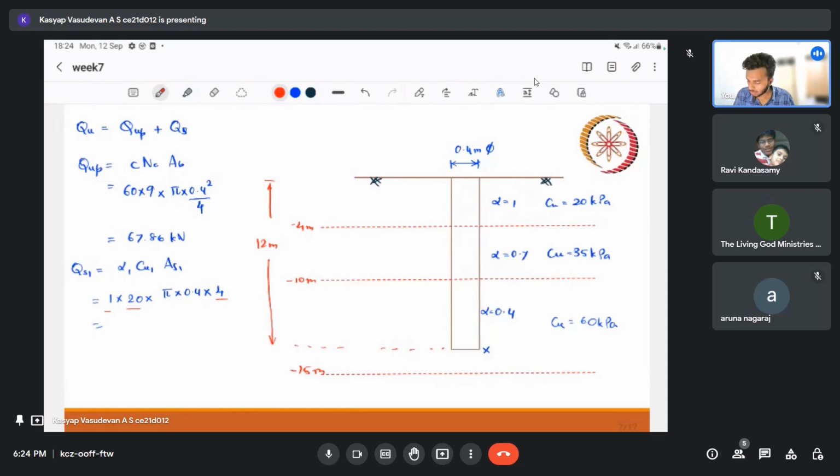So I can combine the whole term as Qs equal to Qs1 plus Qs2 plus Qs3, which is pi times 0.4 times alpha 1 Cu1 L1 plus alpha 2 Cu2 L2 plus alpha 3 Cu3 L3. I'm doing this because it's repetitive.